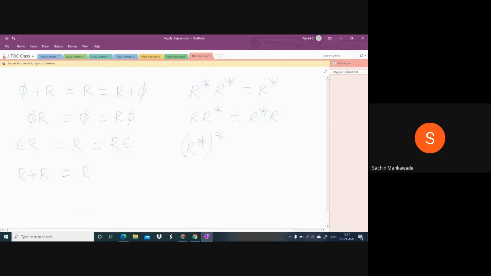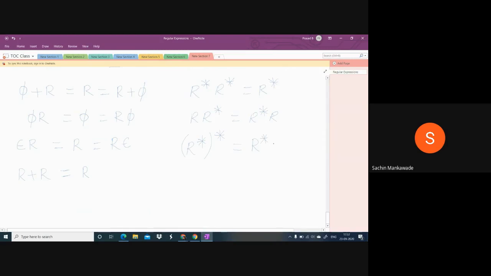R star means epsilon, R, R square, R cube, R power 4, and so on. If we write whole star, don't say that, as A transpose whole transpose in matrices is A. Of course, it is A only in matrices. But here, R star whole star, don't write R. R star whole star is R star only.